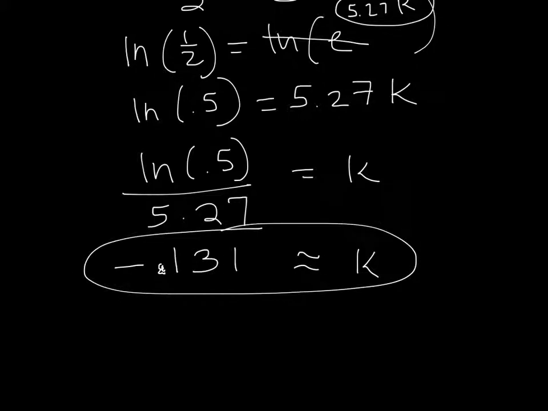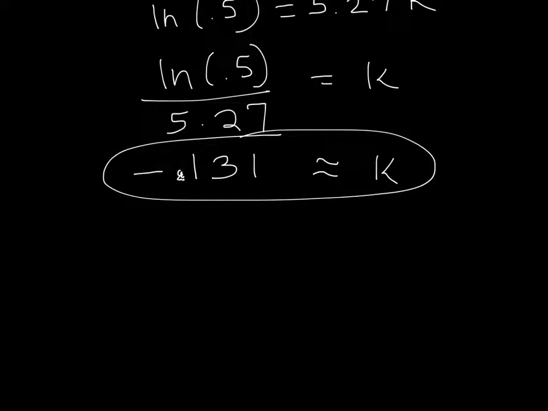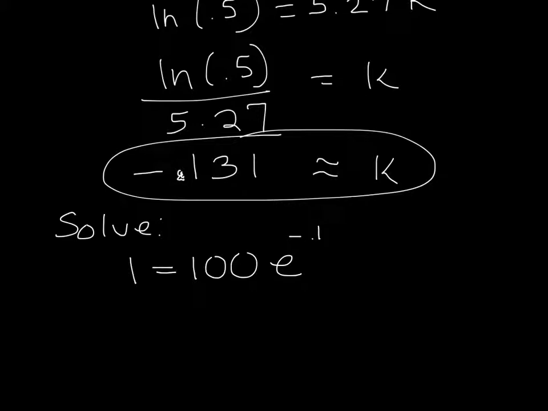Great. But what was the problem asking? The problem was asking for t, so let's solve for t now. The equation we're going to use is 1 equals, using my N of t, 100 e to the negative 0.131 times t.